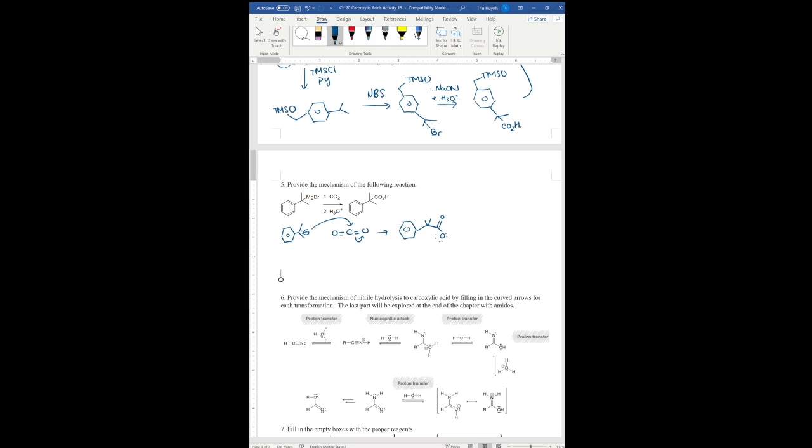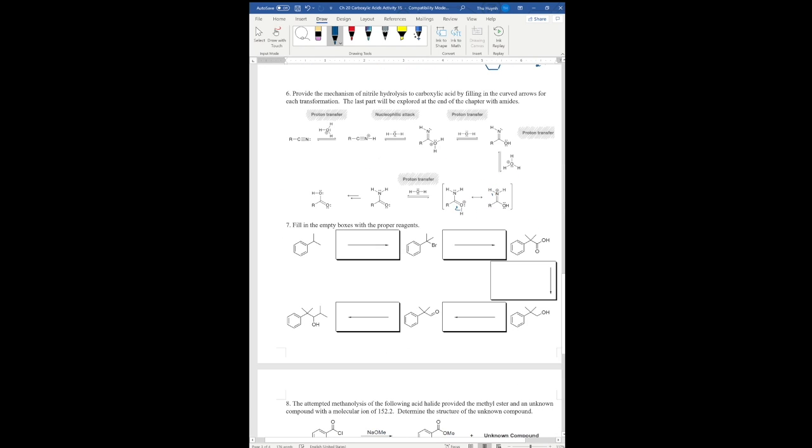And this carboxylate ion, in the presence of acid, will protonate to give rise to our final product. So that's all the steps that we need to do for number 5.